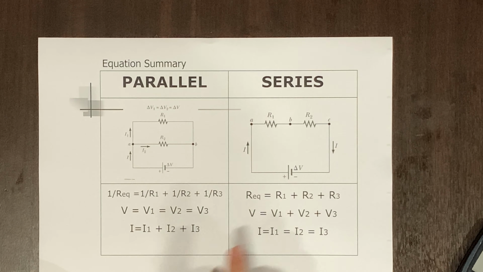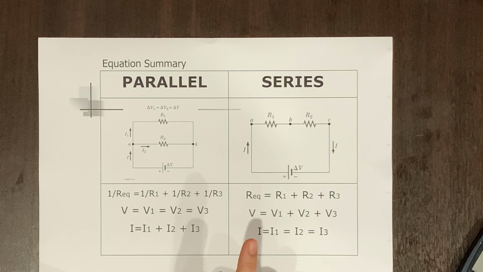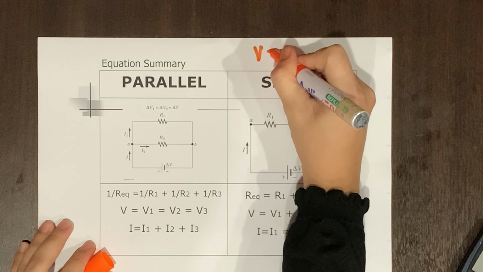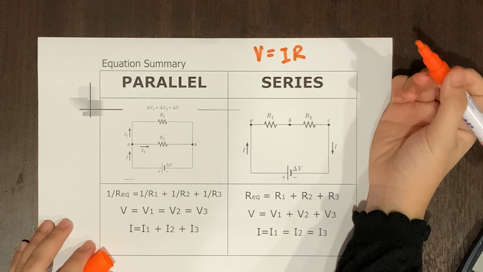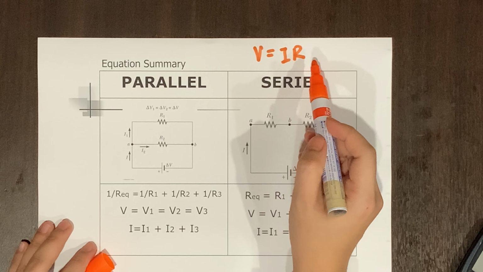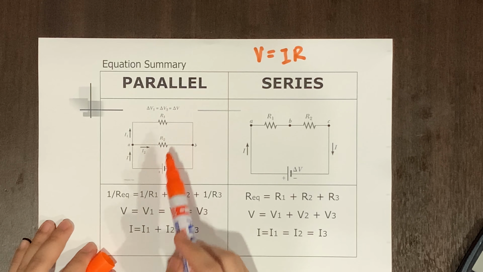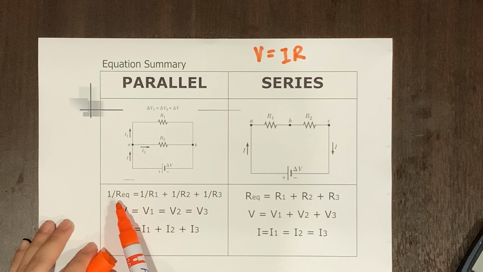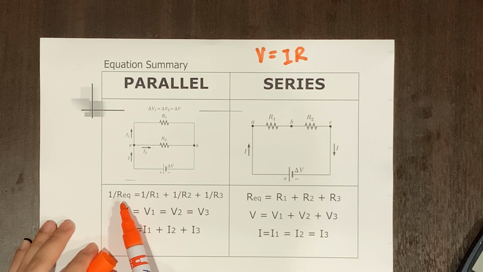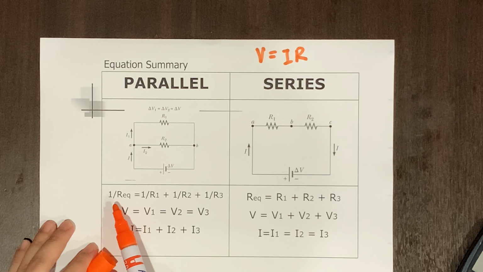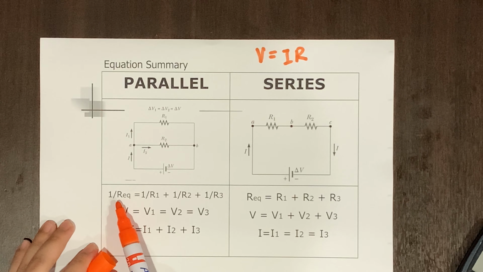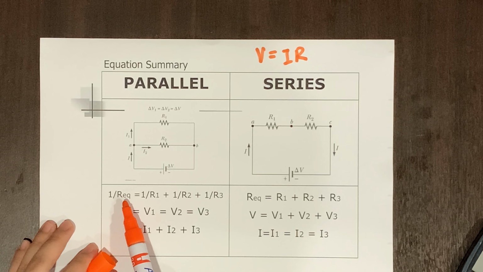Now for resistors, we relate with Ohm's law, V is equal to IR. So for parallel, how to calculate the equivalent resistance, or total resistance, or effective resistance.